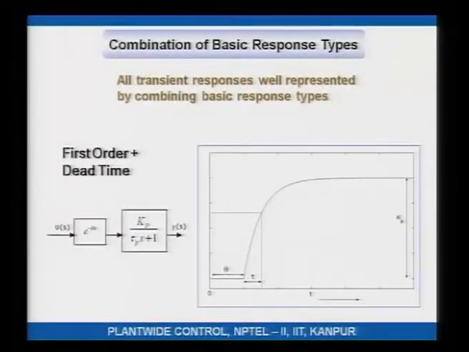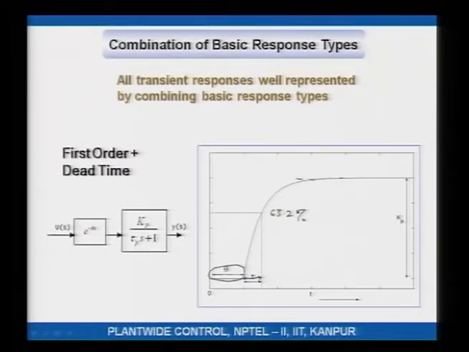So, all transient responses can be well represented by combining basic response types, and one such combination which is very commonly employed in chemical process modeling is first order plus dead time. So, in a first order plus dead time model, nothing happens for the dead time, and then there is an exponential first order rise to the final steady state, and the response rises to 63.2%.